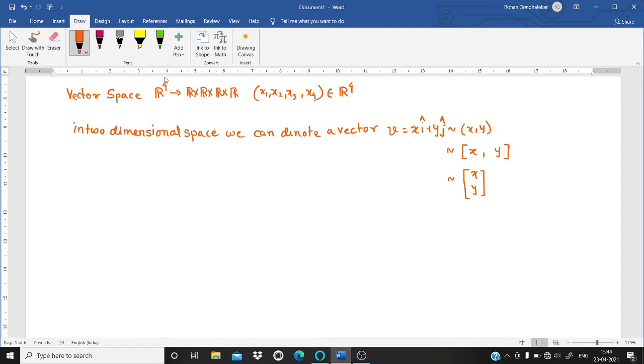So these are the different ways of representing the same vector. Is it? So we may also denote it by a single letter v, or we can denote it either x i cap plus y j cap, or we can represent it as a point form, or as a row matrix or a column matrix.